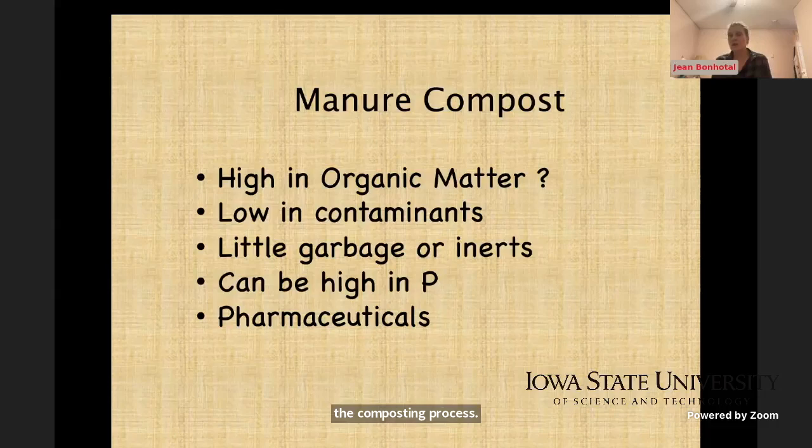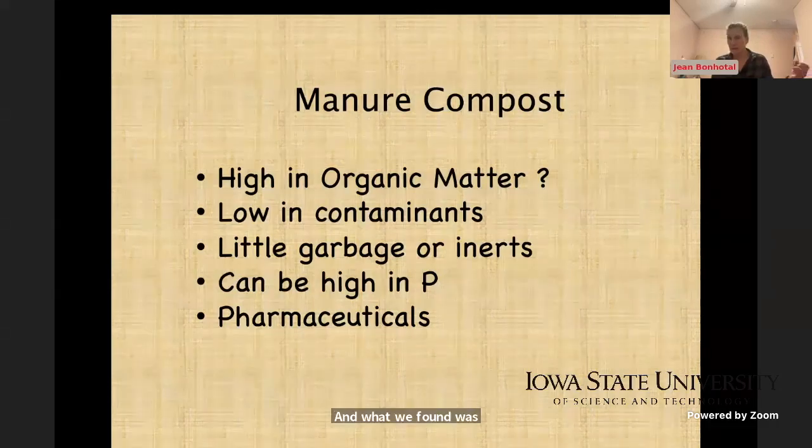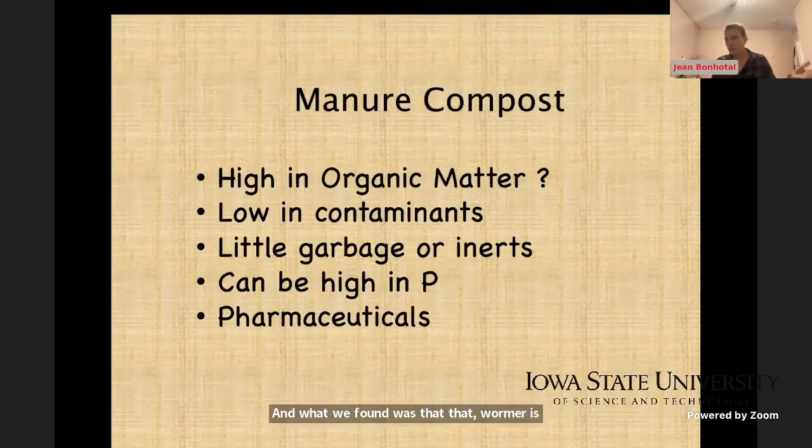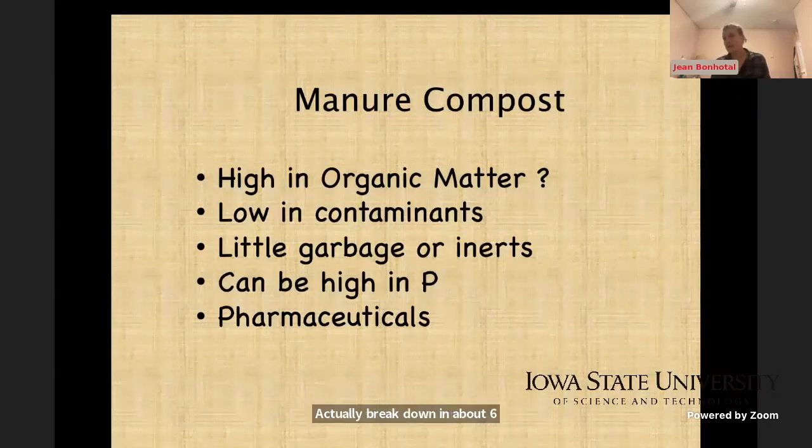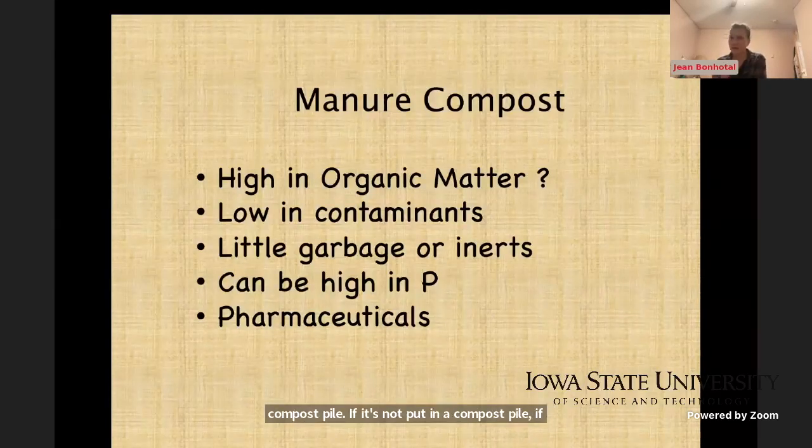And what we found was that wormers, the continuous wormers or the daily or the periodic wormers, actually break down in about 6 days after it's in a compost pile. If it's not put in a compost pile, if it's just dropped out in the field, it doesn't go away quite as quickly. The compost process actually helps that.